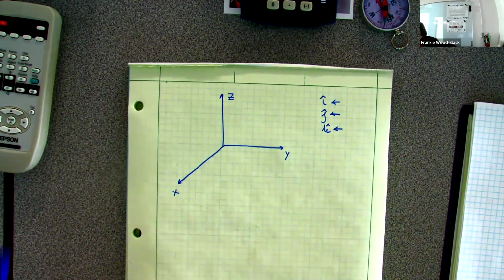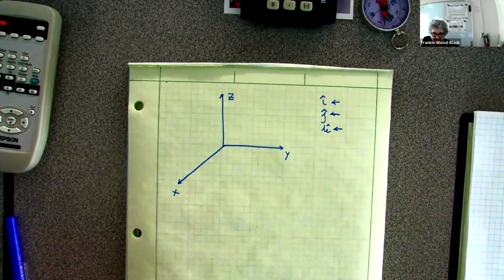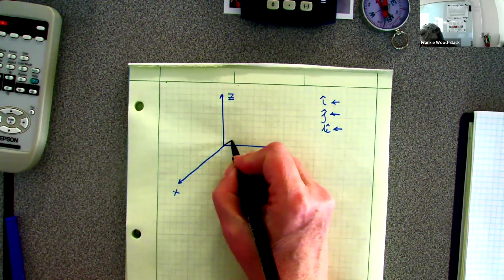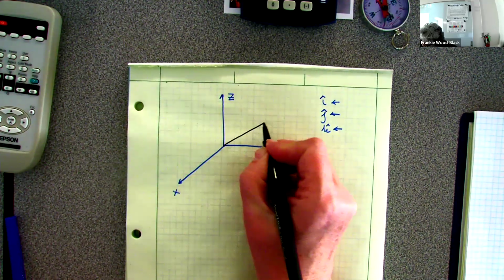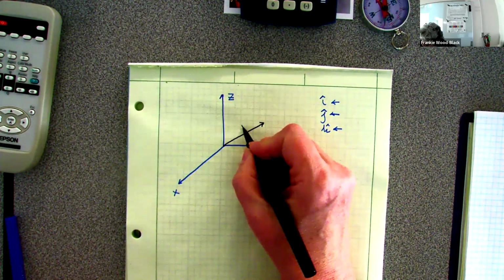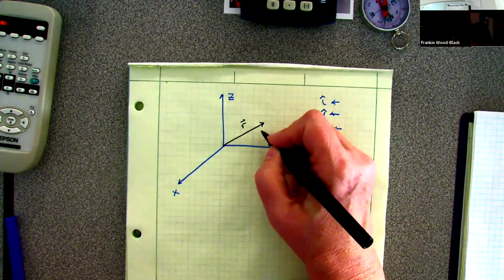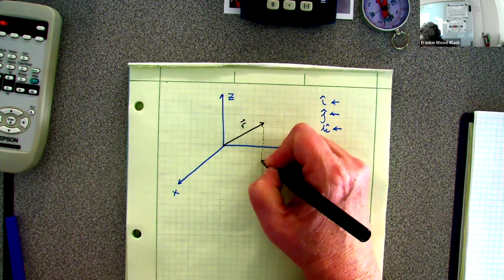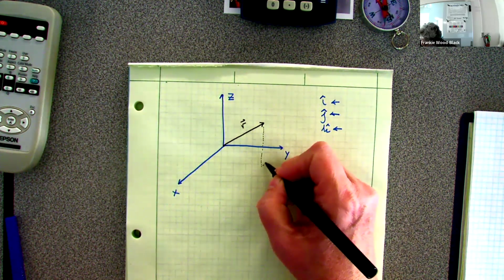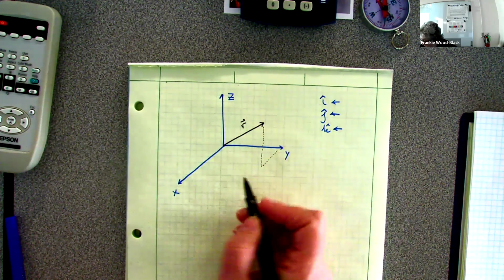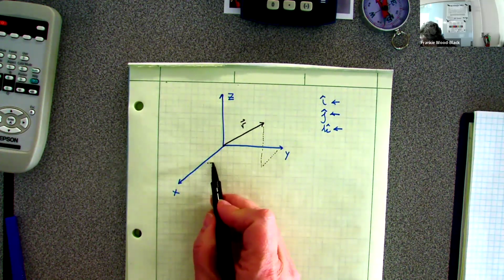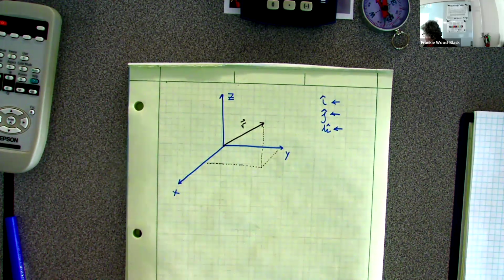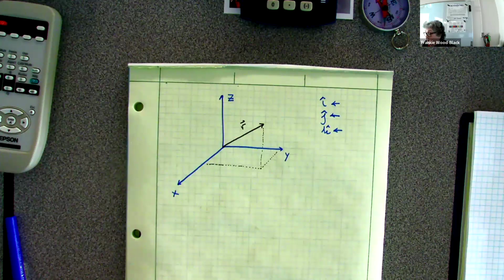So if I have another vector, so I'm going to take a vector out here. So this is my vector R. And I come in here and I'm going to do my 3 components. And this is where you learn to draw in 3 dimensions pretty well. We have our X, Y, and Z components.